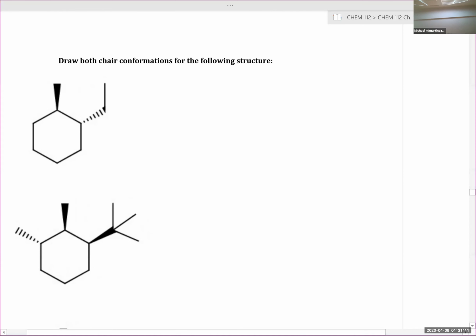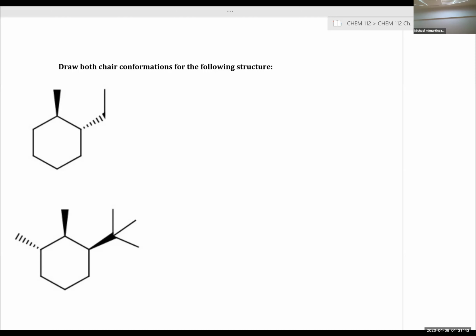If you go to view options, try to find the annotate key, and draw using the annotate key your proposed chair conformation for each of these structures. Ideally within the next 3 to 4 minutes, I'd like to see about 1 to 2 structures for each of these dash wedge notations.